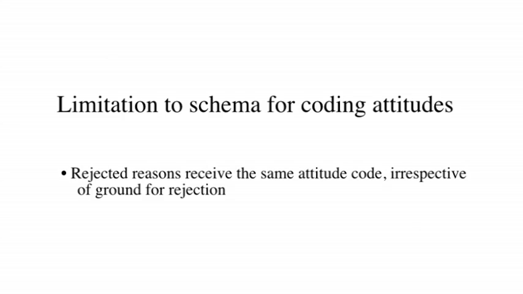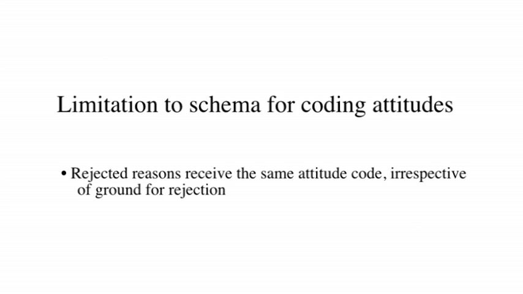Here is just one. Rejected reasons receive the same attitude code, irrespective of whether they're considered irrelevant or based on incorrect factual or moral premises. Whether to try to capture this information, which is potentially useful for decision makers, should be decided by reviewers on a review-to-review basis.